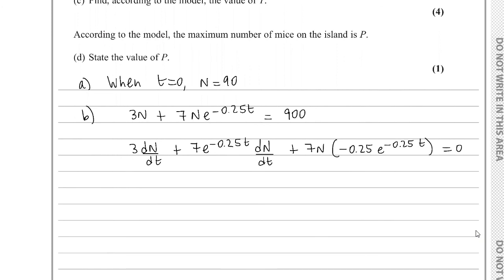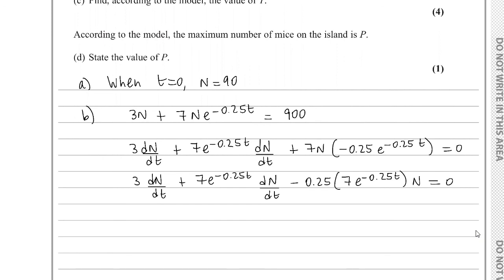And then I will try finding a way of substituting for t in order to obtain an expression for dn/dt entirely in terms of n. So we have 3 dn/dt plus 7e^(-0.25t) dn/dt minus 0.25 times 7e^(-0.25t) times n is 0.